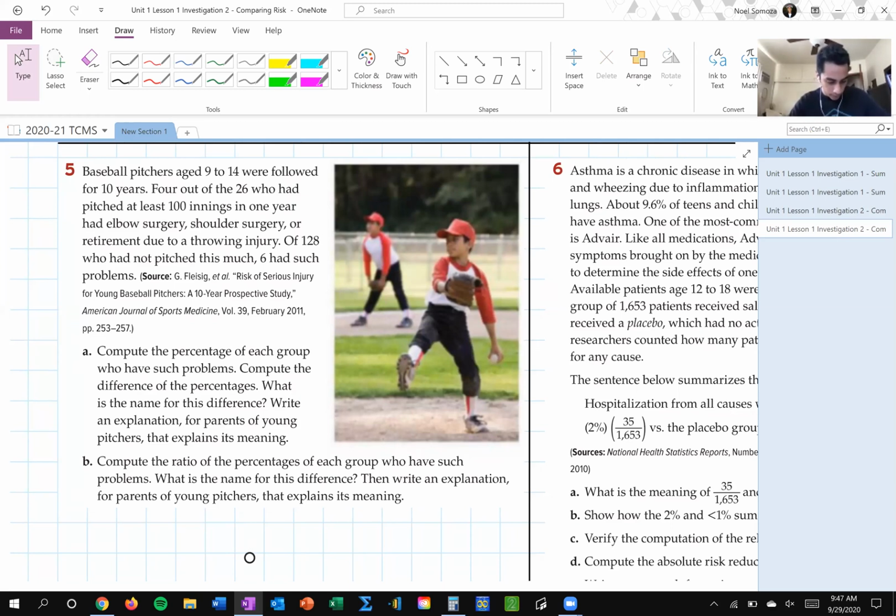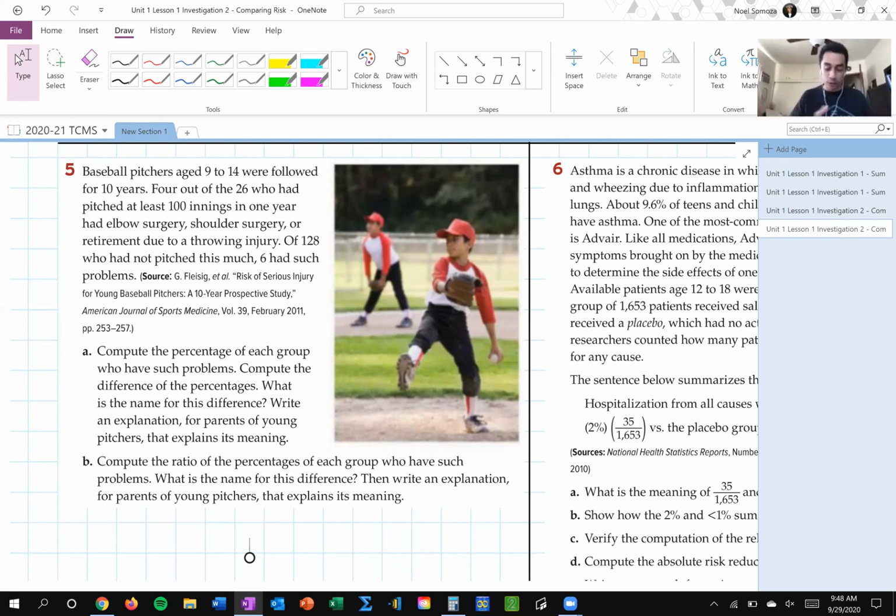So baseball pitchers age 9 through 14, this is our sample size. We're looking at kids who are playing little league, 9 through 14, right up until maybe high school. They were followed for 10 years. So this is what we call a longitudinal study, where you study something over a long period of time to see what the effects are.